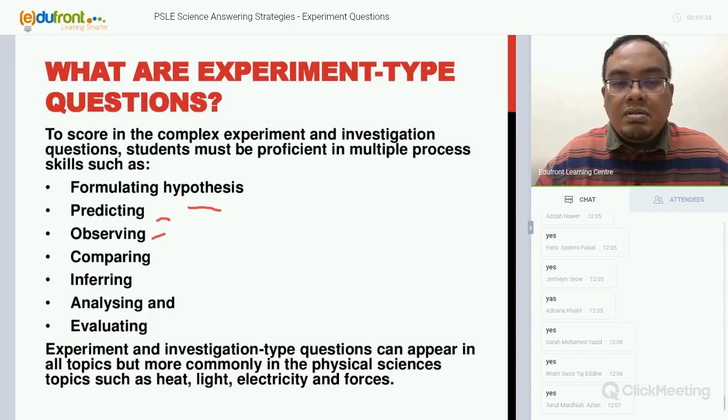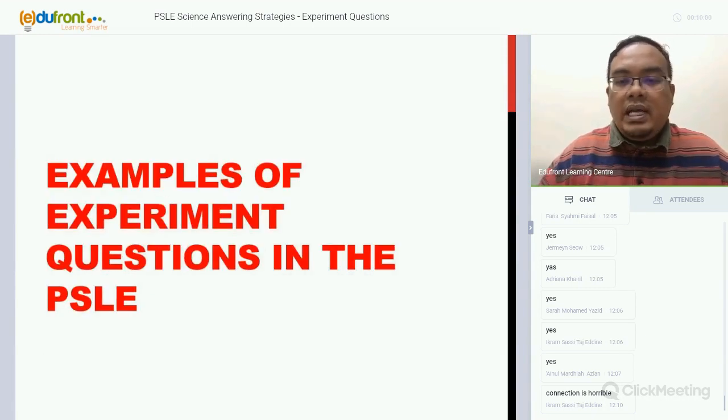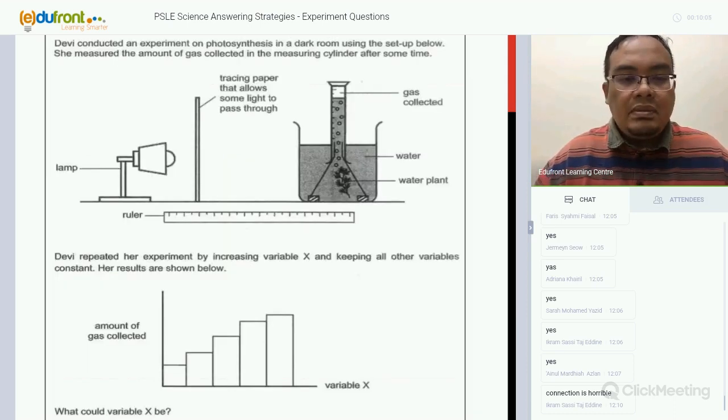It's not so straightforward. It's not so easy. That's why many students are not able to answer experiment type questions, because of the complexity: you must know many multiple process skills. Okay, and it can appear in both physical sciences as well as life sciences topics. Okay, let's take a look at some of the experiment type questions in the PSLE.